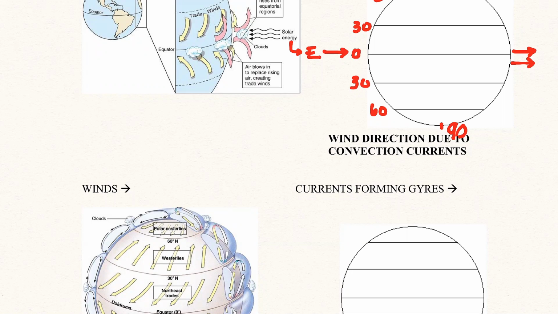Now this is not going to continue forever, but it's going to hit the top of the bottom layer of the atmosphere, called the troposphere, and it's going to get deflected. If you imagine water falling downward onto a countertop, when it hits the counter, it's going to split. So it's going to split towards the North Pole in the northern hemisphere, and towards the South Pole in the southern hemisphere.